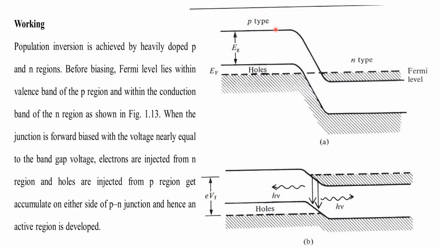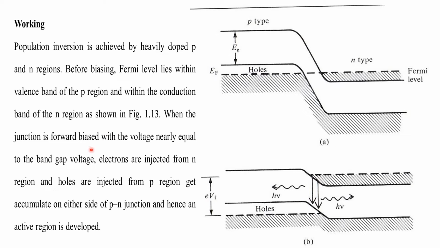Now, when P and N-type materials are joined together to form a PN junction diode, and by heavy doping, the Fermi level will be pushed inside the conduction band for the N-type, and the Fermi level will be pushed down into the valence band of the P-type, and the Fermi level becomes equal for the P and N-type semiconductor. Before biasing, the Fermi level lies within the valence band of the P-type and within the conduction band of the N-type, as shown here in figure A.